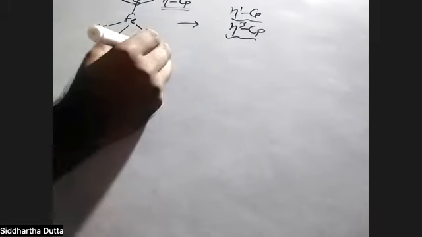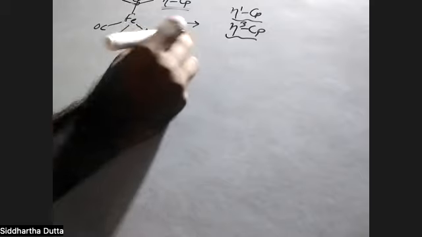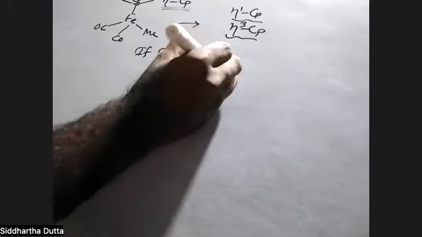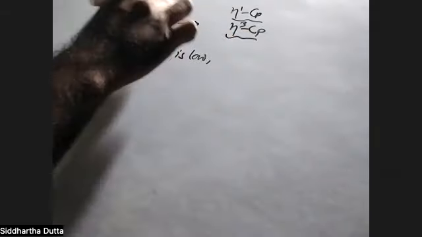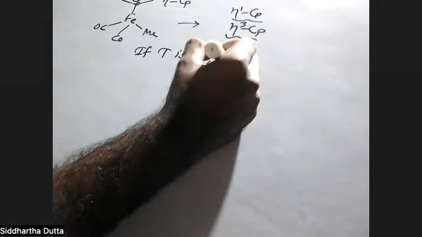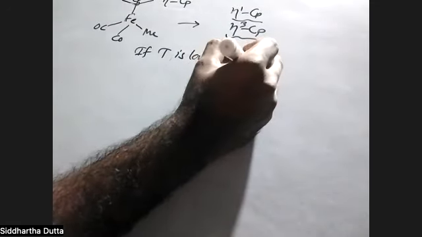This is in the eta 5 Cp state, and during reaction it shows eta 1 Cp or eta 3 Cp. So if the temperature is decreased, then the fluxional behavior of this Cp ligand will decrease.